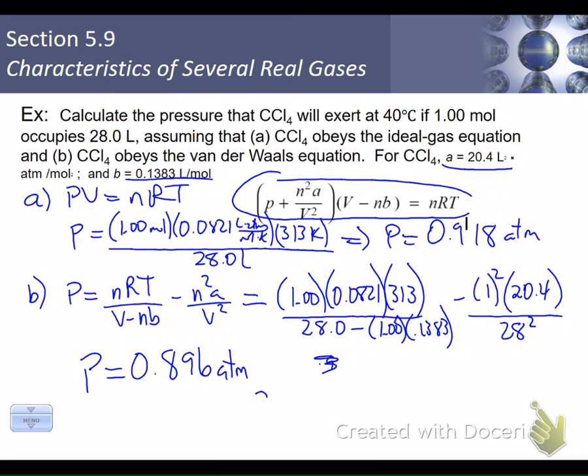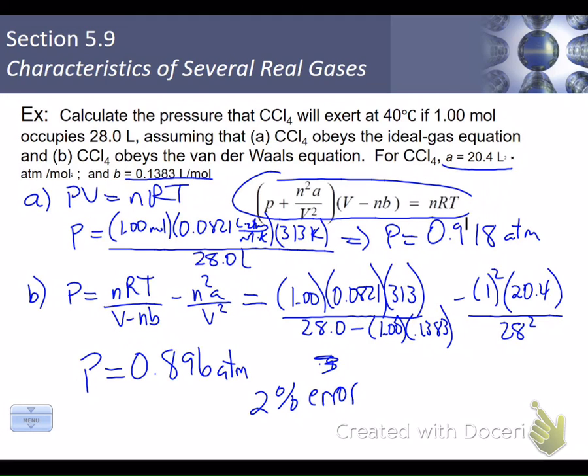That is about a 2% error. That's not bad. If you can use the ideal gas law in some sort of process and have 2% error, that usually means we're doing okay.